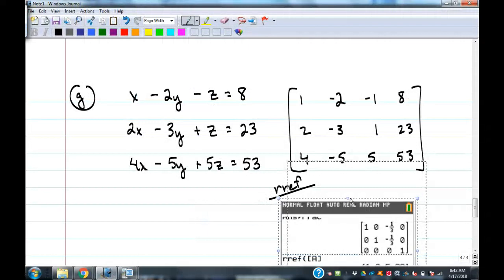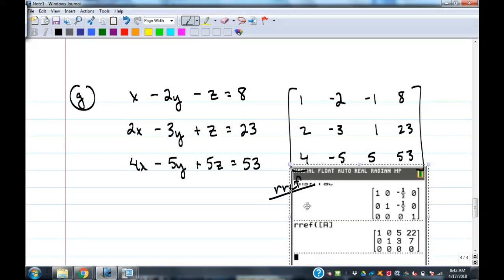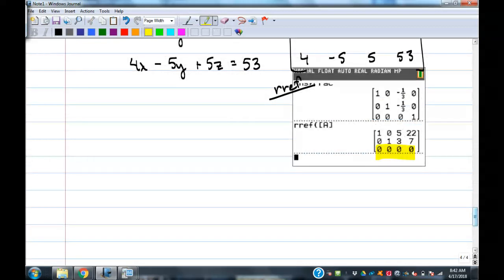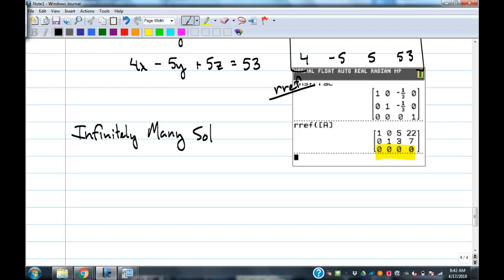So that row tells us that it's infinitely many solutions. So we would write infinitely many solutions. I'll let you abbreviate that IMS if you want to. You don't have to write it out all the way.